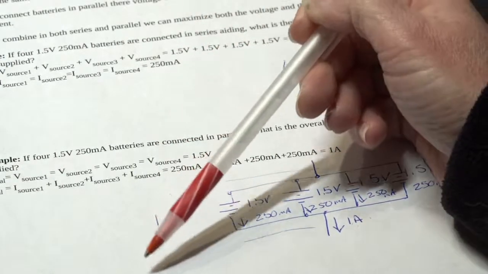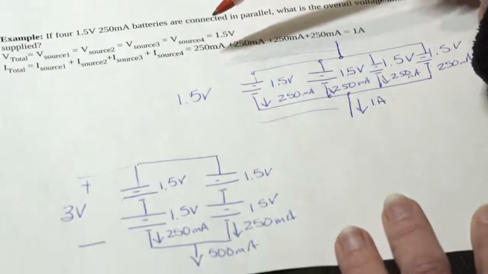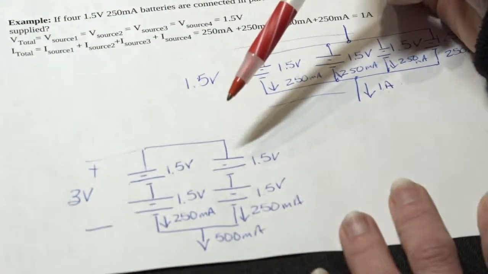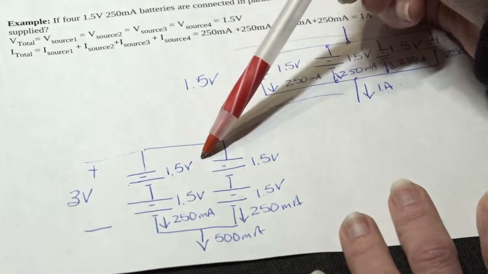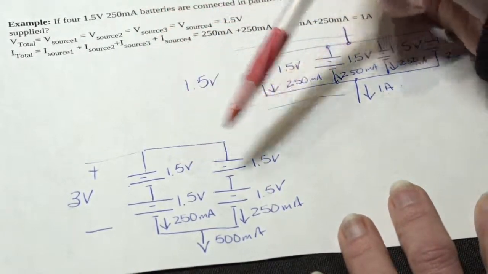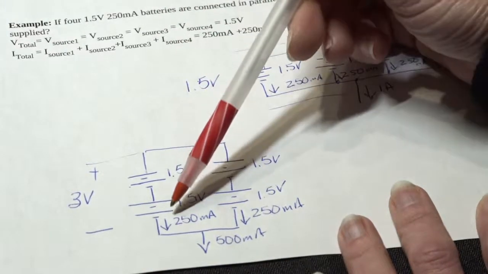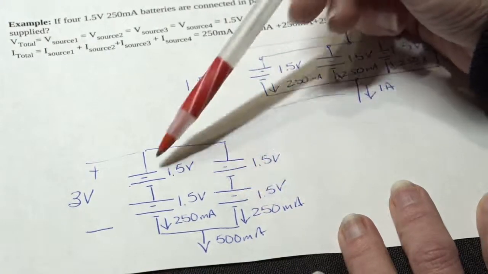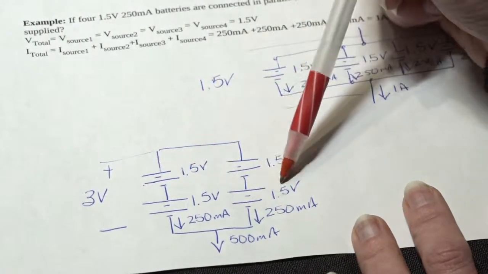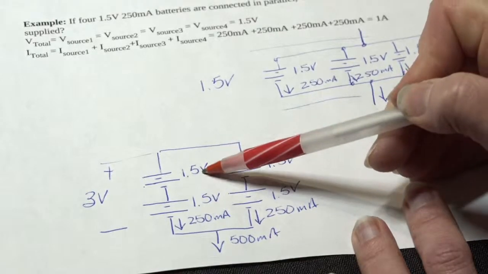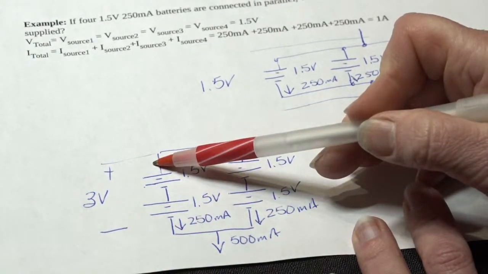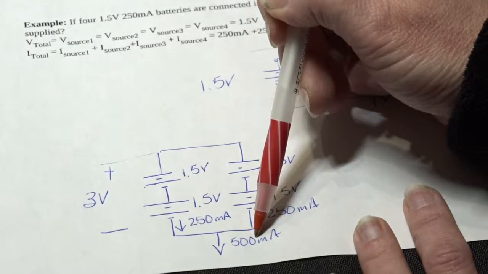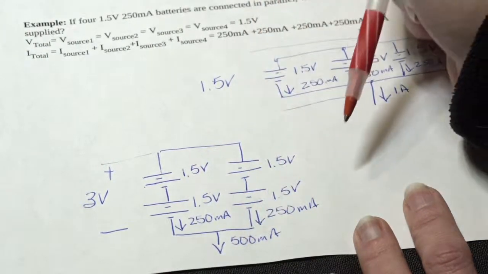Now, if you take those same 4 batteries and do various series parallel combinations, which I've chosen to do one here, if I take those same 4 batteries and I put 2 of them in series, and then in parallel with each other, note we get 3 volts as our overall voltage, but we now have a total of 500 milliamps that it can supply.